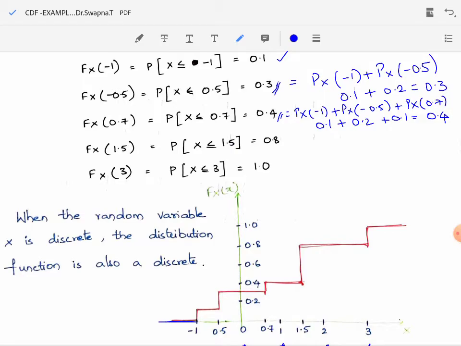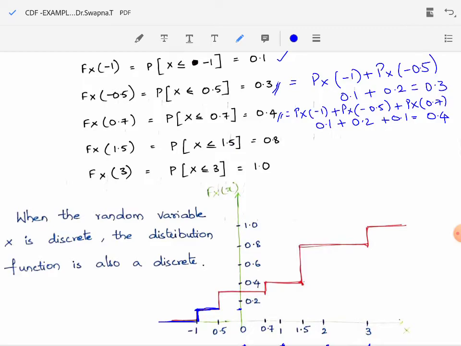Before -1 it is equal to 0, and at the -1 value it makes a transition to 0.1. And this 0.1 will continue up to the next value, which is -0.5. At -0.5 the CDF is equal to 0.3.